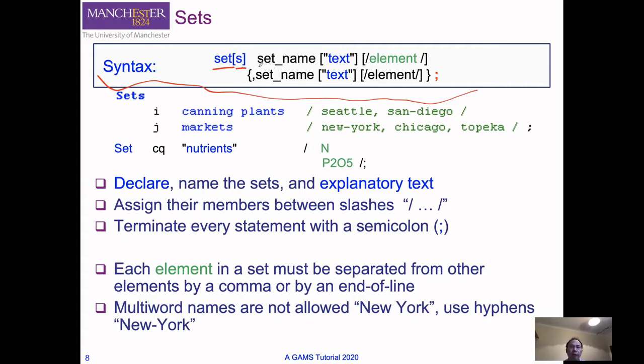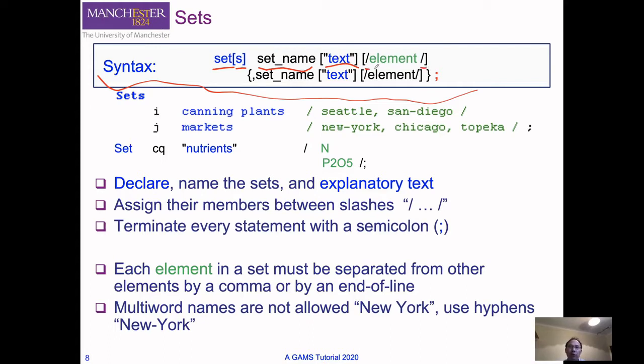And then after that, we should provide the name of the set. And then is the text that is used to describe the meaning of this set. After the text, we have two slashes.